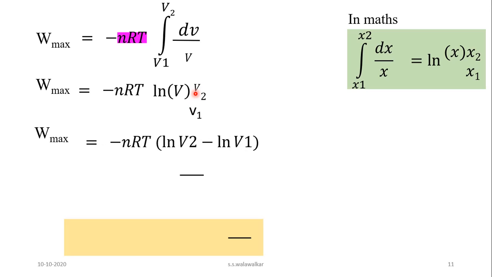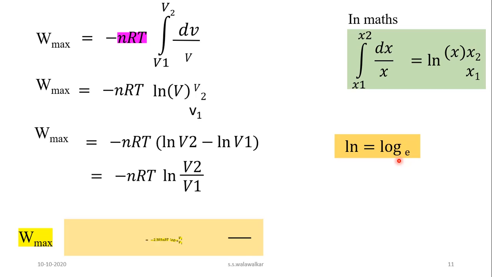That is w max is equal to minus nRT, ln V2 upper limit minus ln V1 lower limit. So w max, that is maximum work, is equal to minus nRT ln V2 upon V1. And here ln means log to the base e.